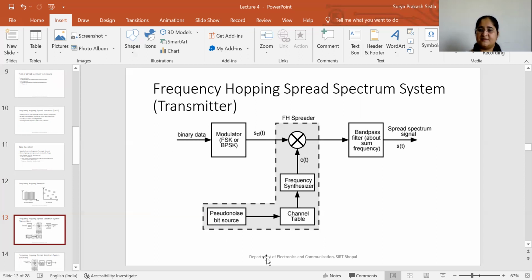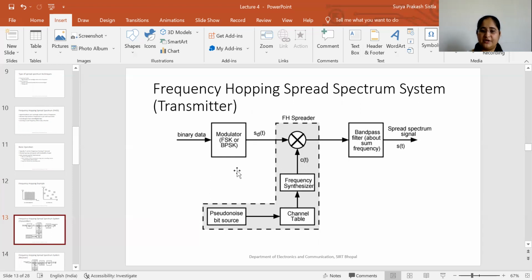This is your basic transmitter diagram. From the figure, we can see that you have your binary data that you need to transmit. First, you do the modulation, that is FSK, frequency shift keying, BPSK, QPSK, any modulation technique with which you need to transmit your data. Now, this modulated signal is frequency hopping spread.